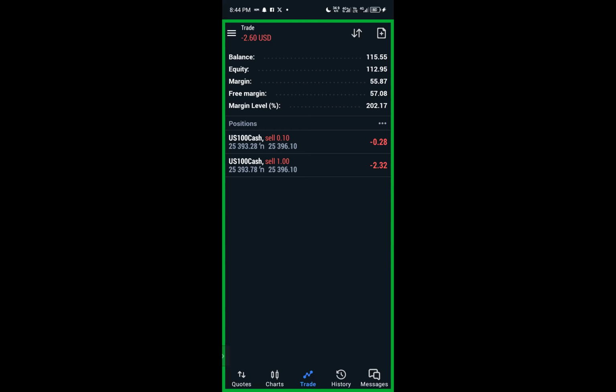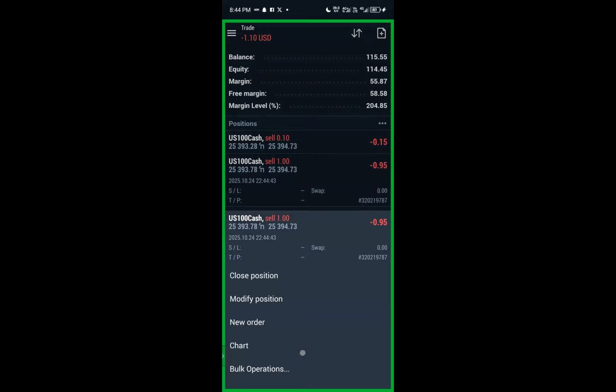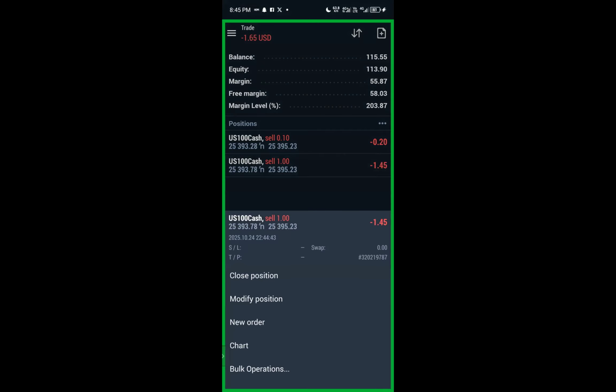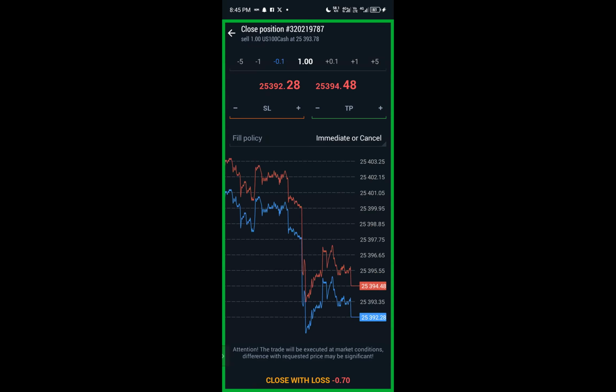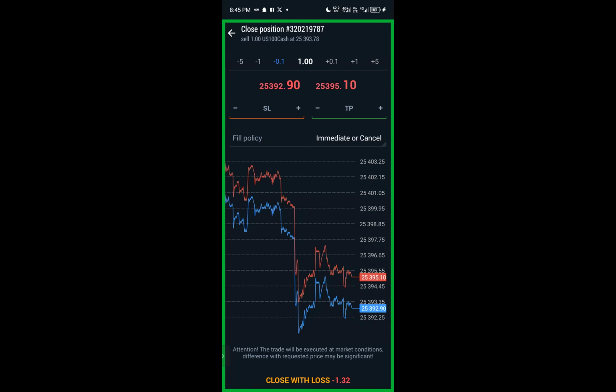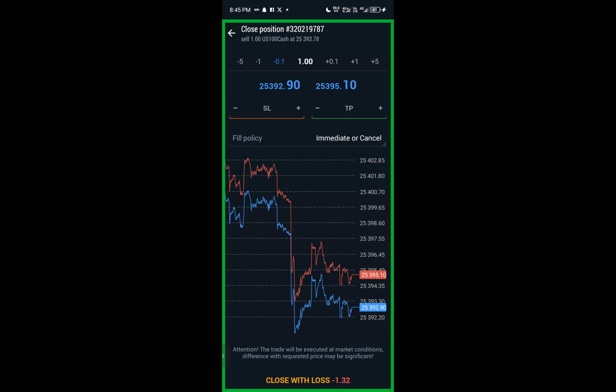So if I want to close partial of the position I've opened, click on it. Click on close position. By the time you click on close position, before you close, change the lot size to half of it.